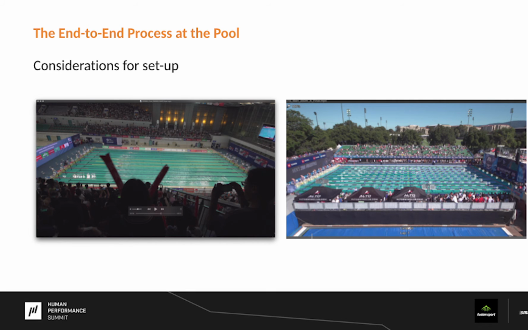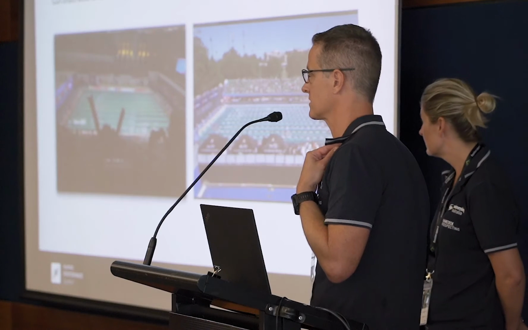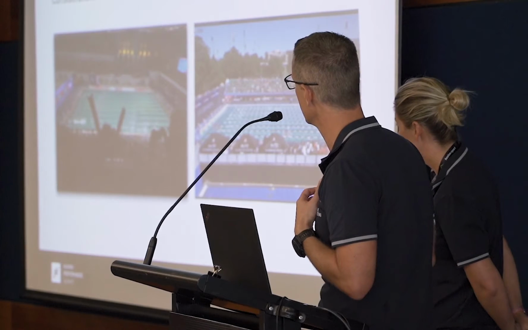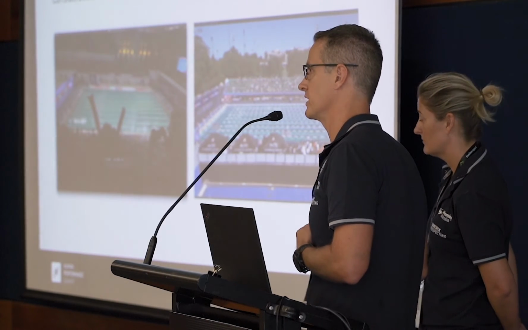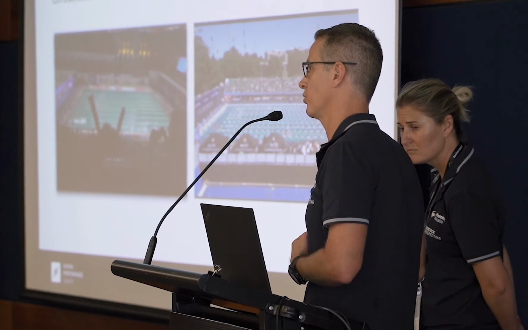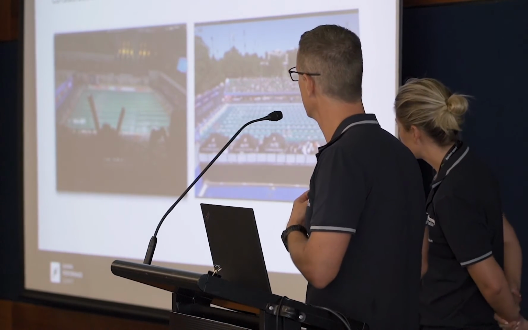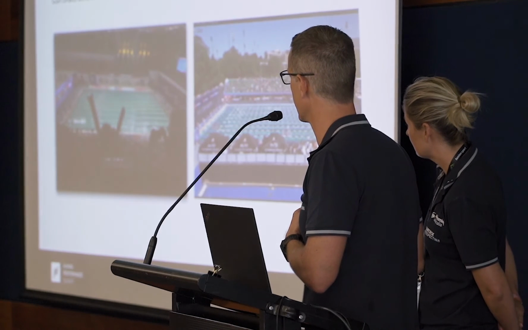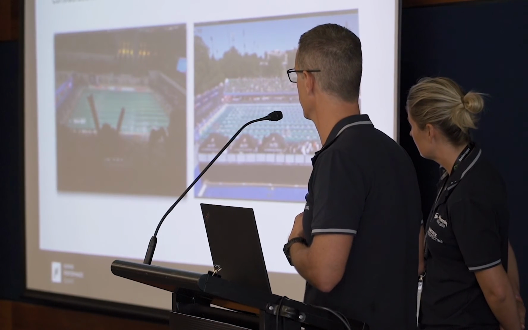Jess mentioned that we have to deal with different situations when we arrive at a meet. So these two photos demonstrate some of the vast differences that you can be met with. On the left, we've got an indoor pool. You can see it's fairly poorly lit, dark and shadowy. And we've got a very high view down onto the pool.